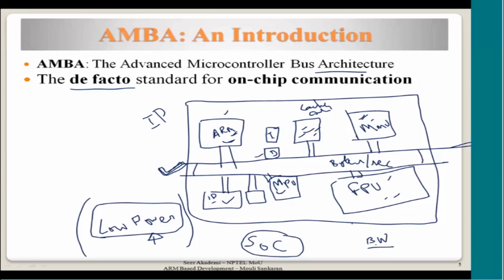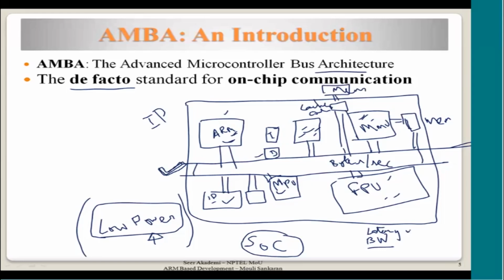Another one is latency. Suppose the MMU is connected to memory, and memory is of course connected to the bus. If it is on-chip memory, then an interface could be there with the bus, connecting to the off-chip memory.